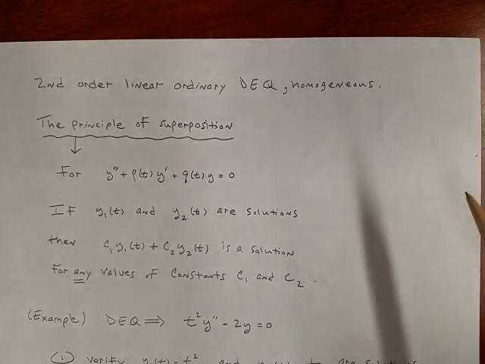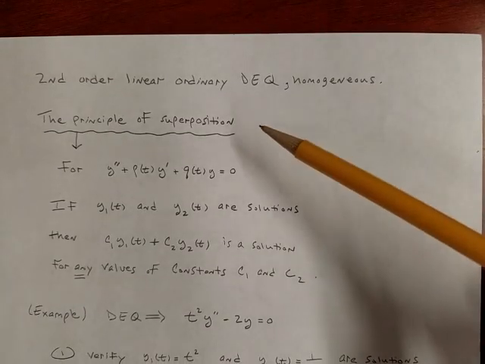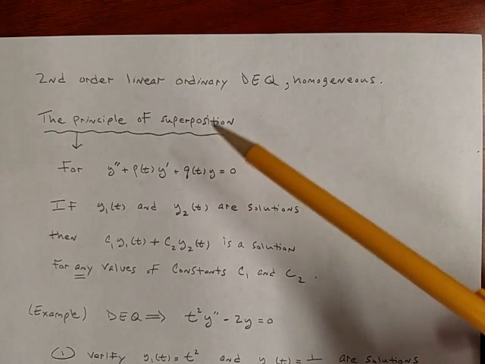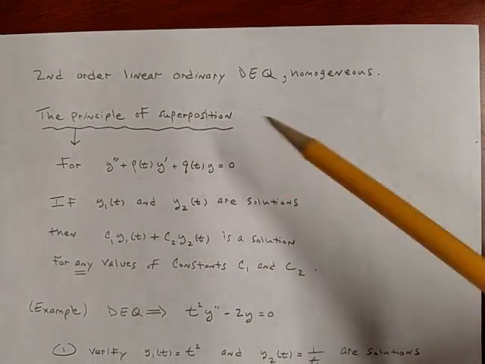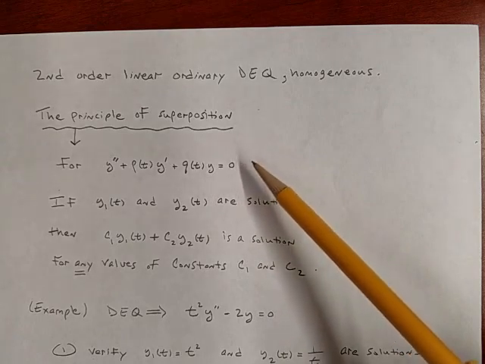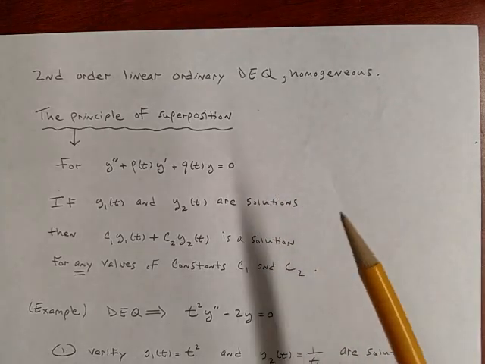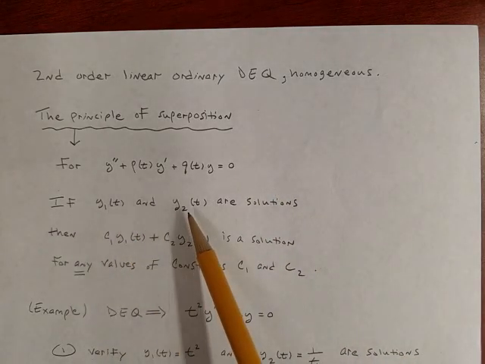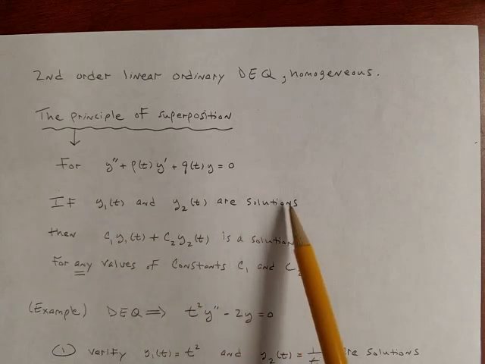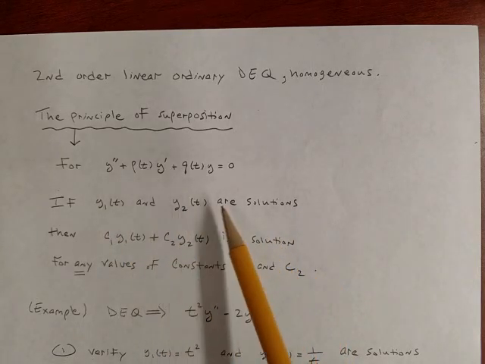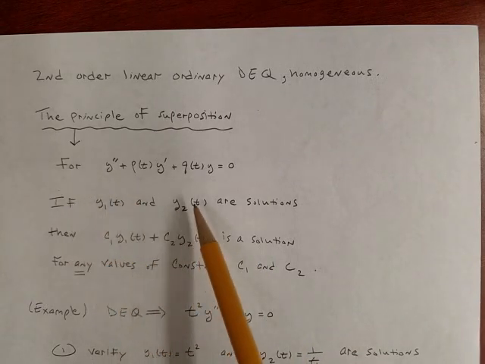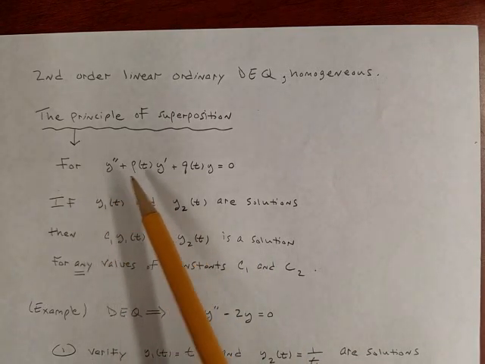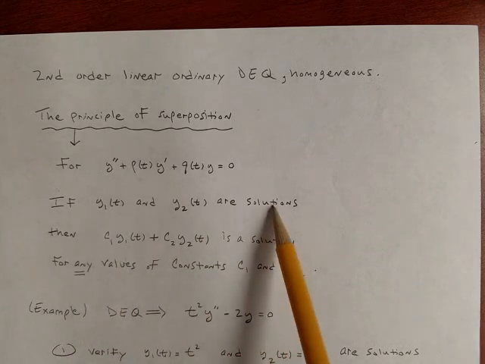Okay? Alright, now there's something everybody who works with these needs to be aware of, and it's the principle of superposition. Here's what it says. Say you had that, whatever form it takes exactly, and I have two functions of t that are solutions. Whether you found them somehow, whether you by trial and error found y of t and it happened to work up there, just say they're solutions.